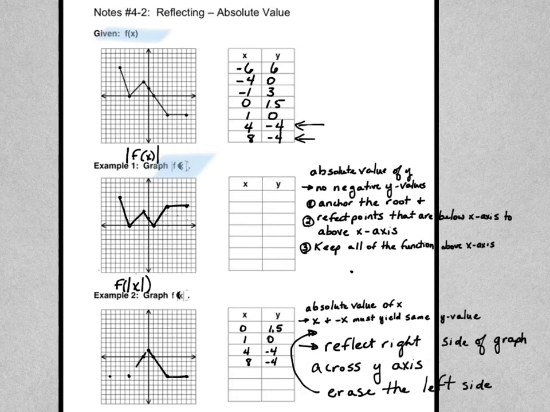So there's my mirror image points that I have to put on the graph. So step 1, erase everything to the left of the y-axis. Step 2, reflect what you've got left over the y-axis. So now the points that I've added are -1, 0, -4, -4, and -8, -4. Okay? So, that's how you graph an absolute value function.